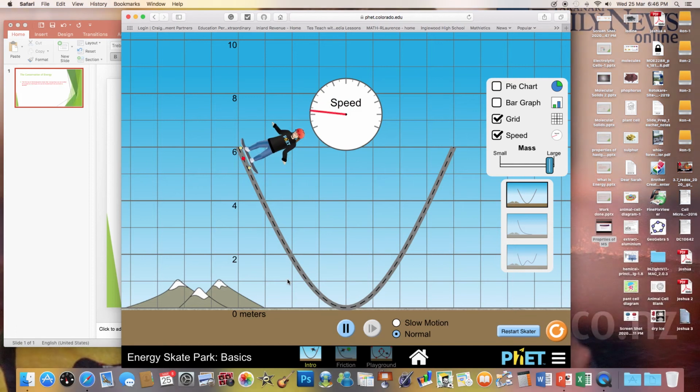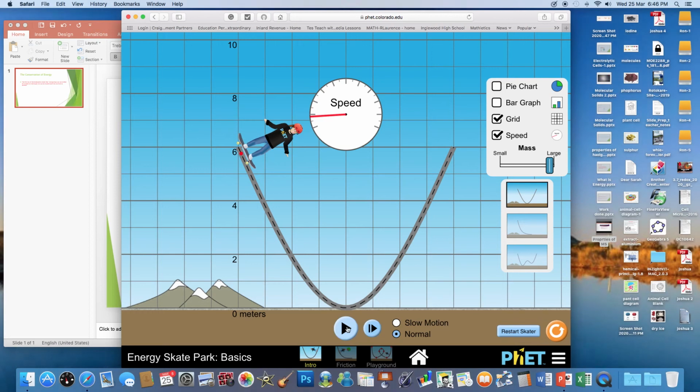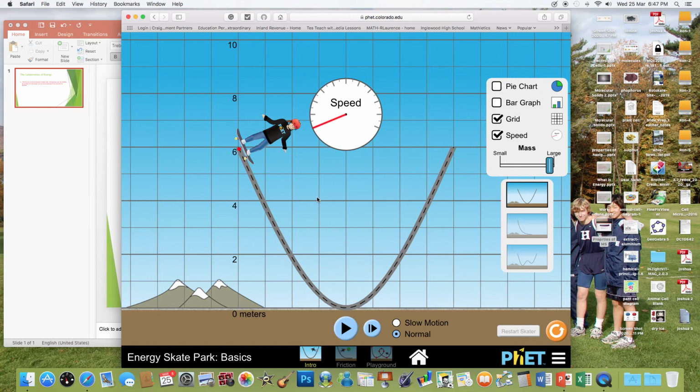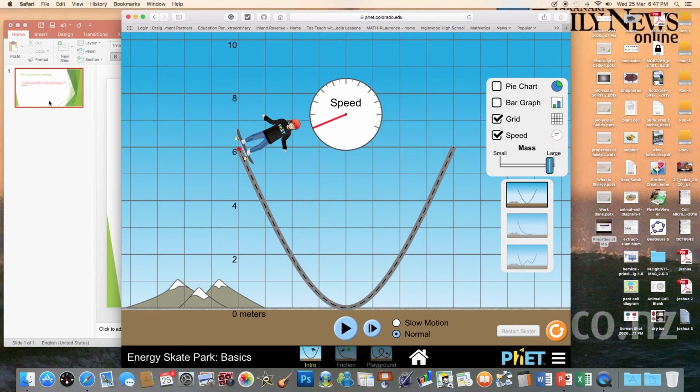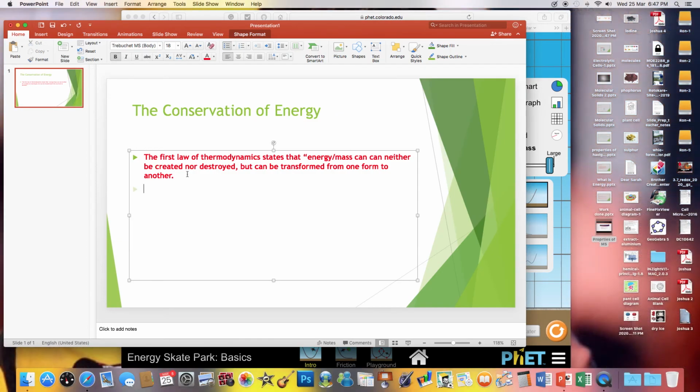Of course, in a real world situation, this doesn't happen. So I'm going to stop him when he gets to the top, take him back up to the top, just leave him there for the moment. At that 6 meter height, let's say he's an 80 kilogram skateboarder. So we can calculate his gravitational potential energy.